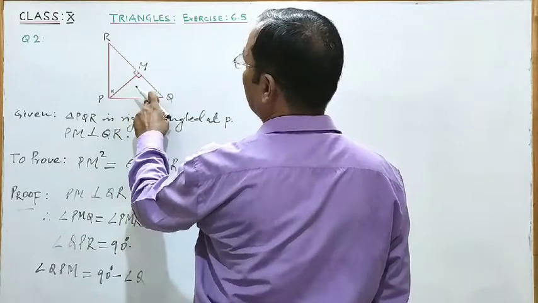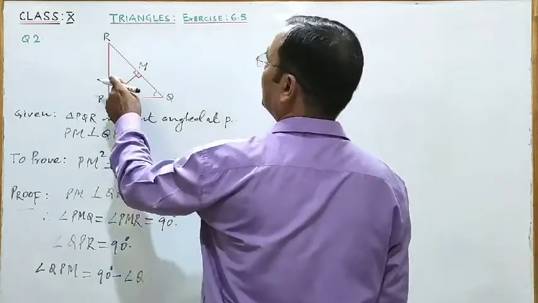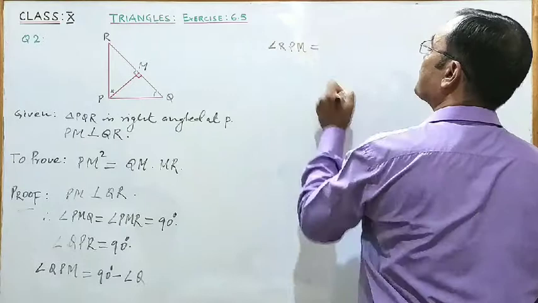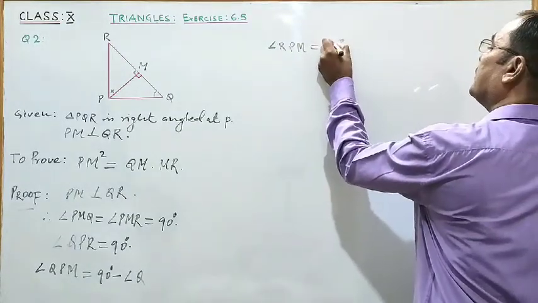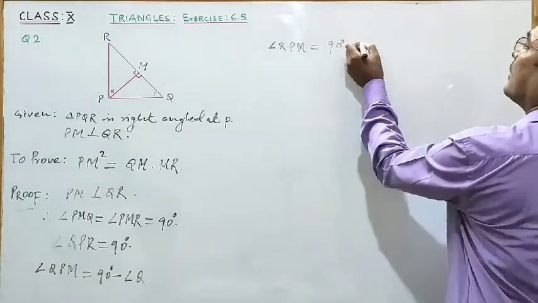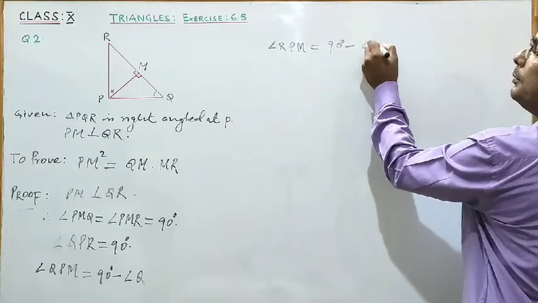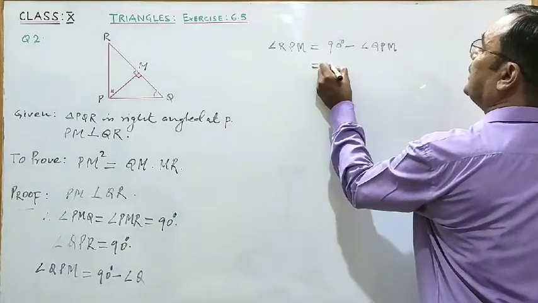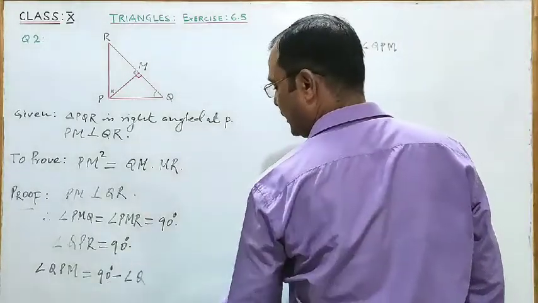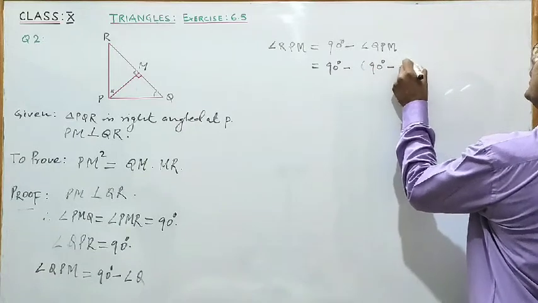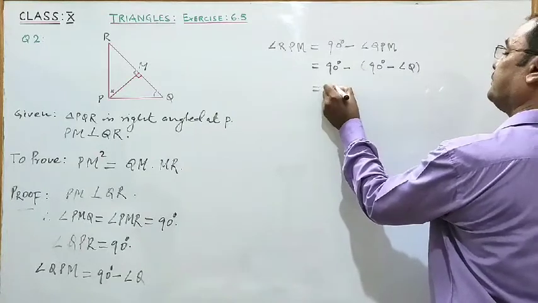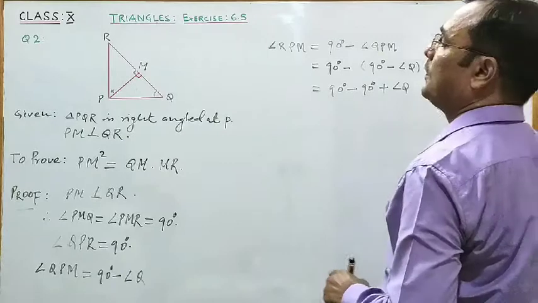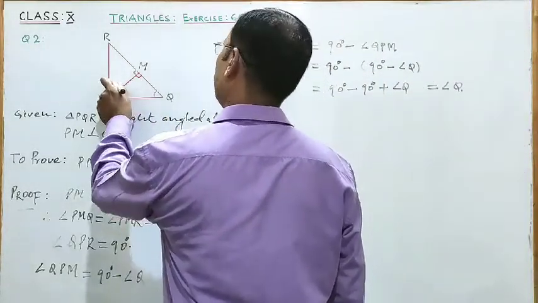This angle QPM is 90 degree minus Q. So this angle RPM is equal to 90 degree minus angle QPM, which is 90 degree minus, 90 degree minus angle Q. So 90 degree minus 90 degree plus angle Q, so it is angle Q. So this angle RPM is equal to angle Q.